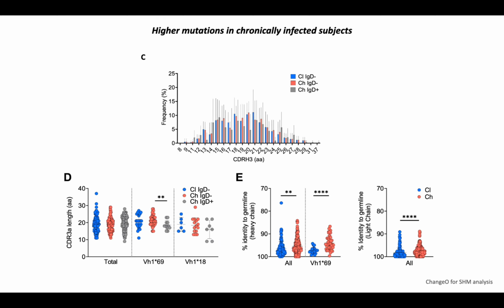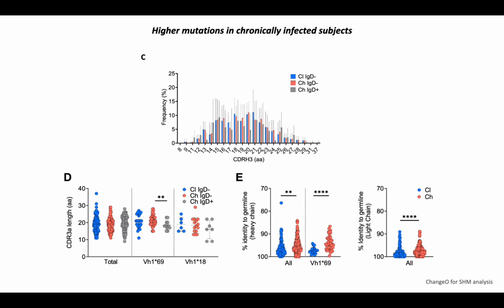So we wanted to see the significant changes between the clears and chronics. We did not observe any significant difference in the CDR3 amino acid length in clears and chronics, but there is a difference in the CH IgD positive naive cells and CH IgD negative length.